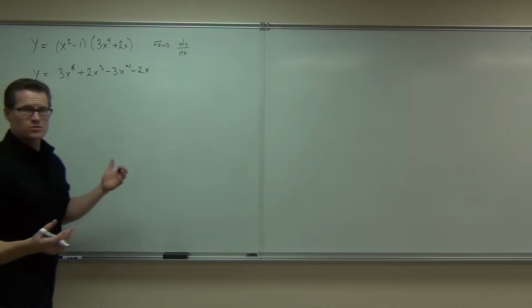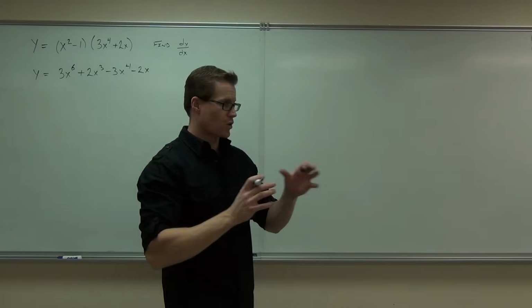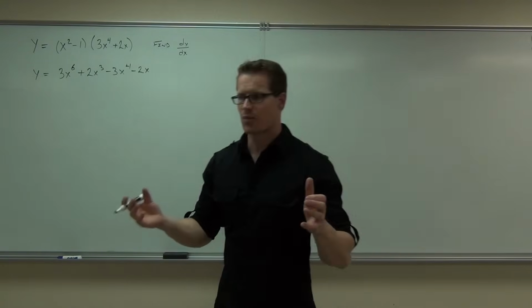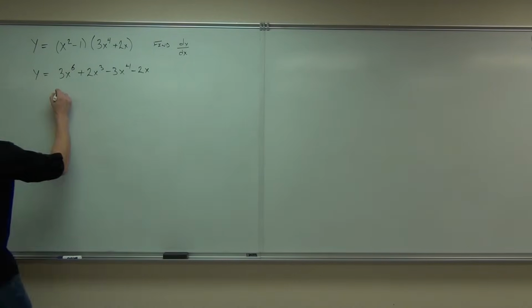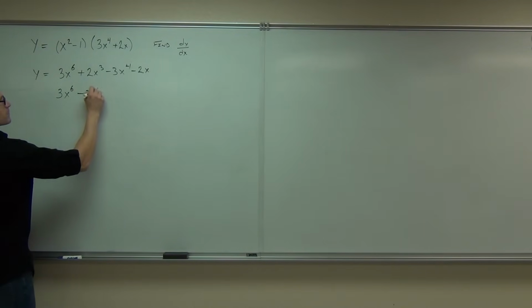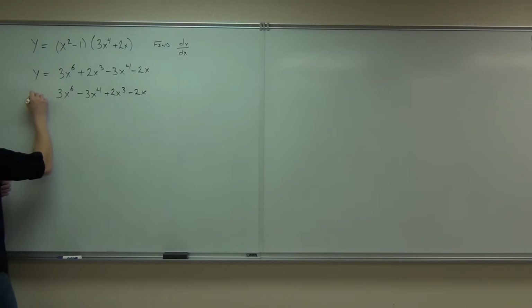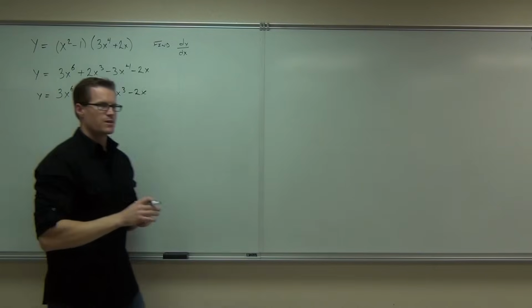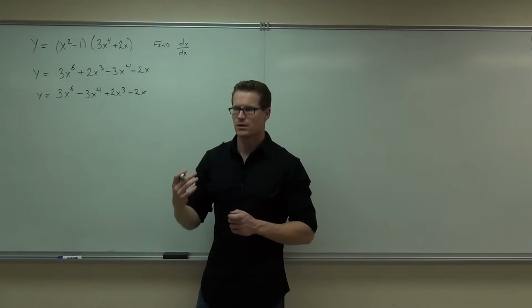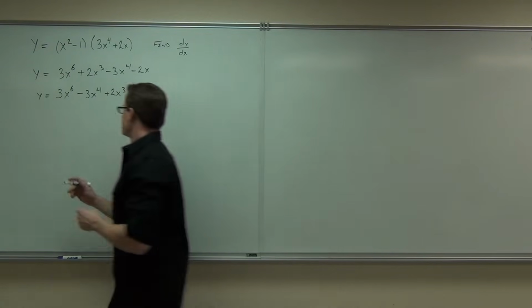Do I have any like terms? So maybe reorganize it just a little bit because that's the way we like to see our polynomials. And then the question is, can you take a derivative of that thing right there? Yeah, that's actually pretty easy.